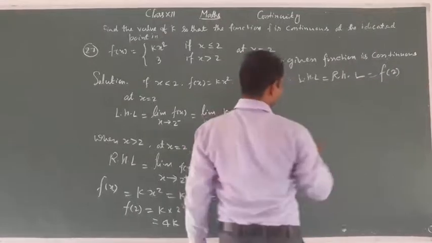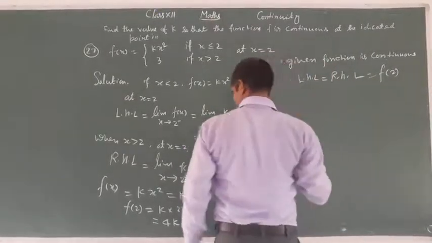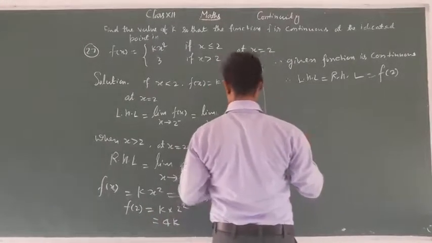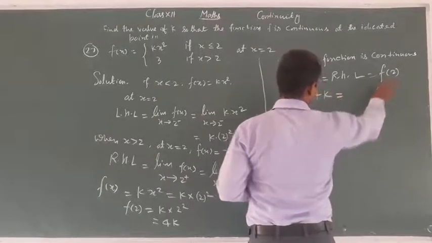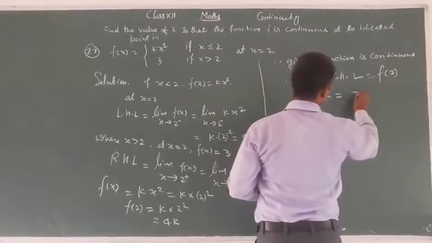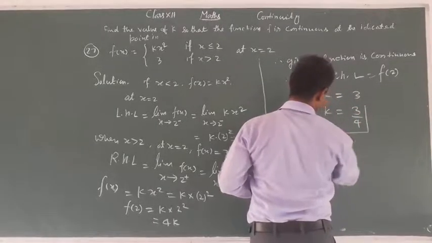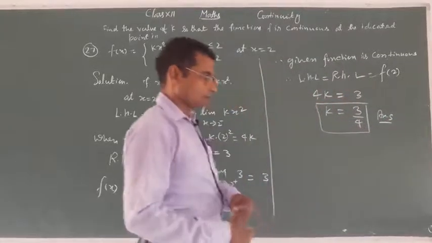So 4k is equal to f(2) is equal to 3. So k is equal to 3 upon 4. This is the answer.